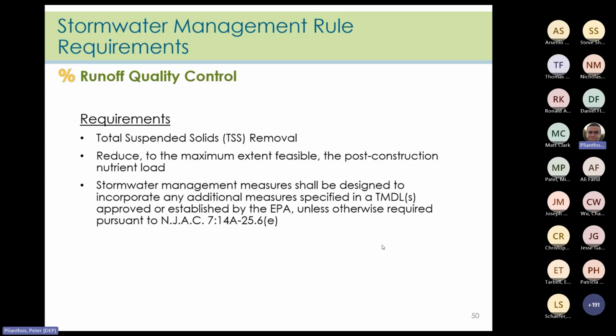The stormwater rule includes design and performance standards for water quality best management practices, or BMPs, and the rules focus on two pollutants: total suspended solids, or TSS, and nutrients. TSS includes sediment and other forms of pollutants that can be removed from stormwater through filtration. This is important because high TSS levels impair water bodies.